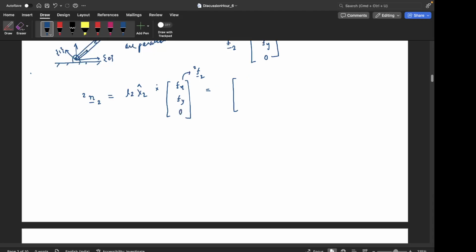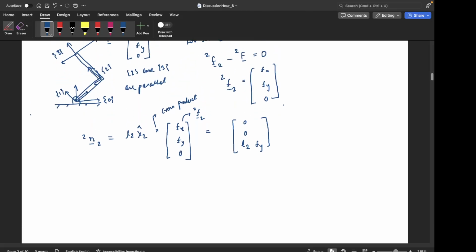We are taking the cross product. So x cross x would be 0, x cross y would be z, and this is 0 itself. So there will be only a z component, and that will be L2 Fy. Alright, so notice that we are doing the inward recursion. We started from the tip of the manipulator, and then step by step we are finding the forces and moments on each of the links and joints in an inward recursion manner.